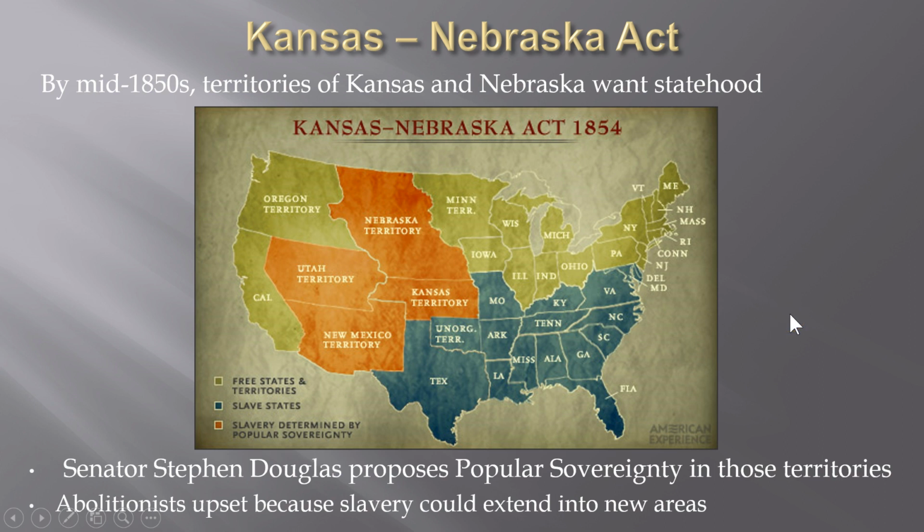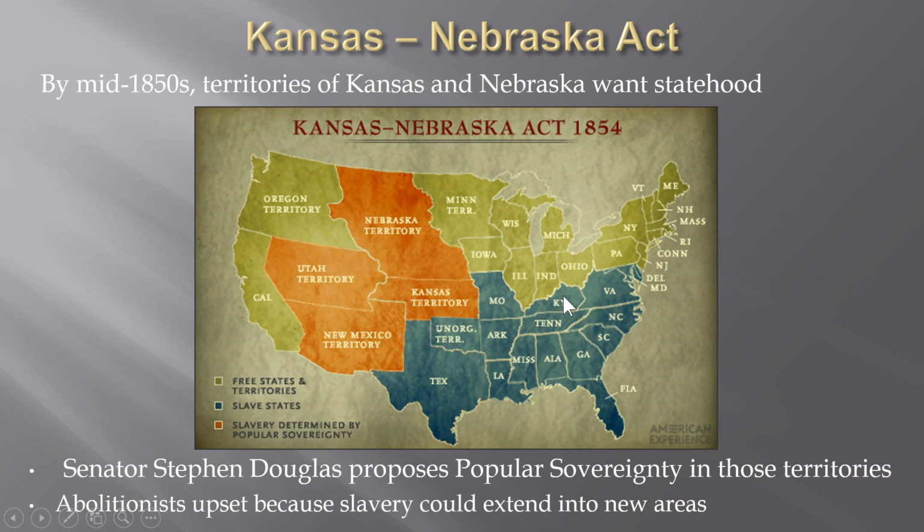Now, we're going to see the introduction of a very powerful senator from Illinois named Stephen Douglas. Under the Missouri Compromise of 1820, this would have been land that was free from slavery.